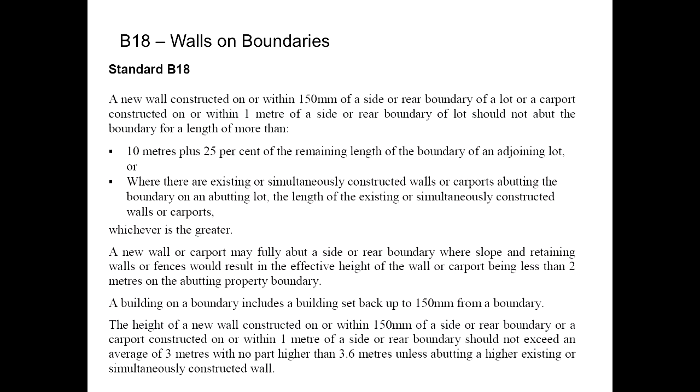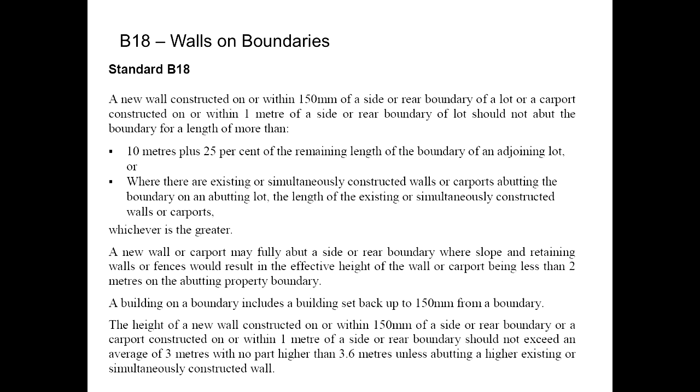Okay, then we have walls on boundaries. It's a bit like this argument: should we have big, long walls, 3 metre or 4 metre or 5 metre high walls on boundaries? Generally speaking, 10 metres long plus 25% of the boundary is the maximum.